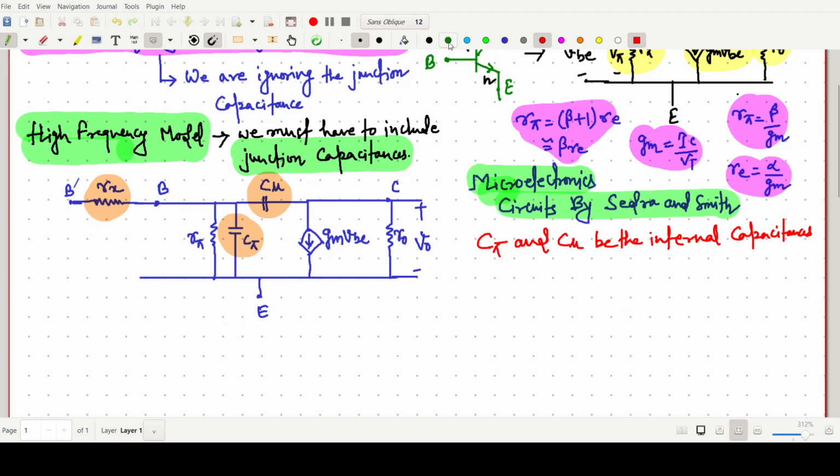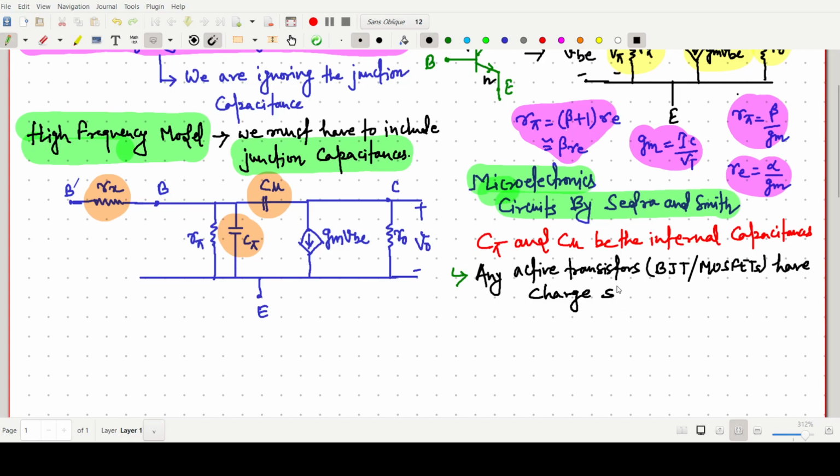And one more point that I want to note down: any device or any active transistor, that may be our BJT or MOSFETs, have a charge storage property.